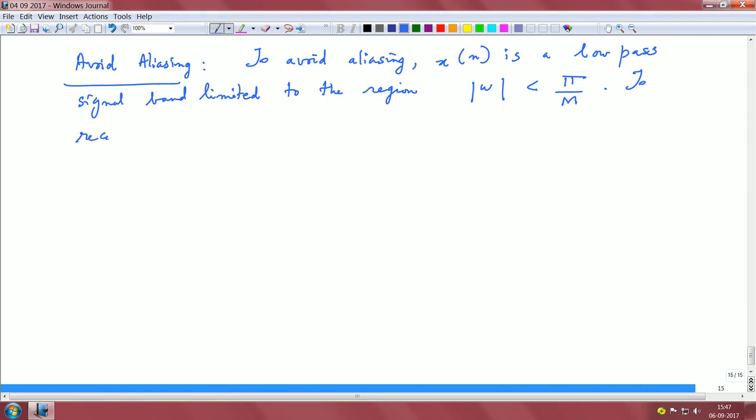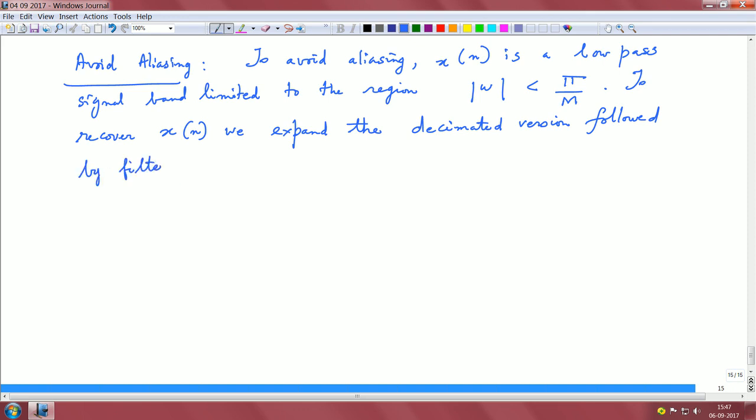To recover x of n, we expand the decimated version followed by filtering, and this is a very important step, 2 steps to follow, because you downsampled, you are stretching.